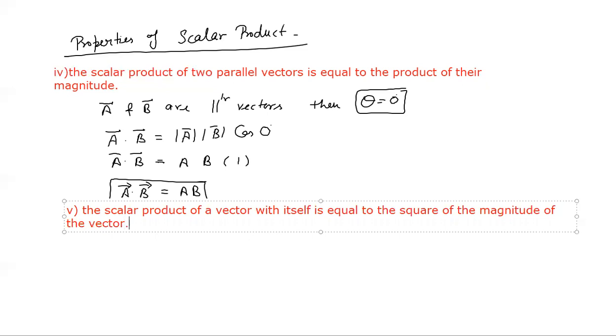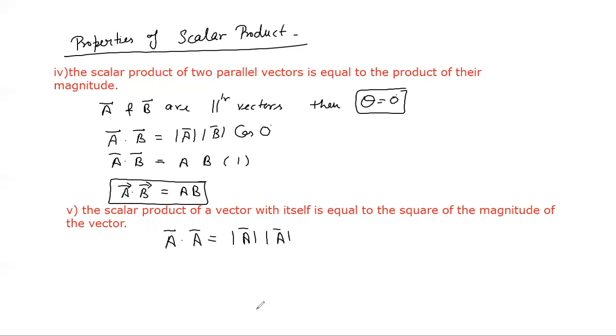Okay, so what is the meaning of this statement? I will explain. The scalar product of a vector with itself, we write a dot a. So a dot a is mod a mod a cos of the angle between a and a, and that is 0. So what do we get?